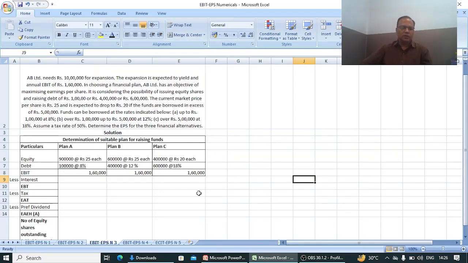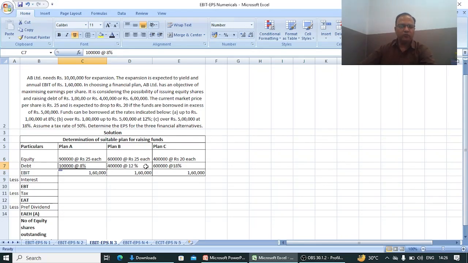Now, let's start. Before starting, I want to clear up one thing again. This question can be solved with two assumptions. Assumption number one: when we are collecting rupees 1 lakh by debt, the rate of interest will be charged at 8%.